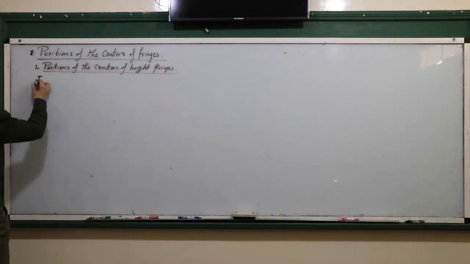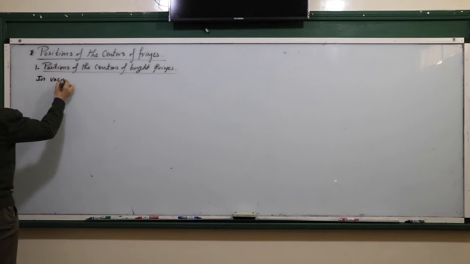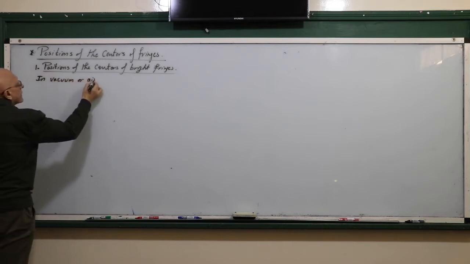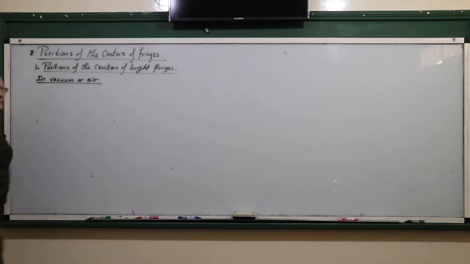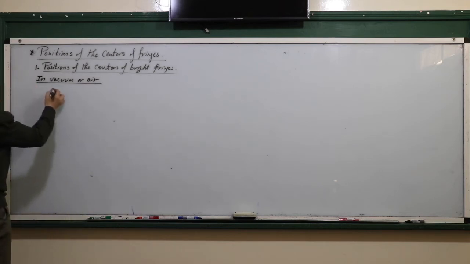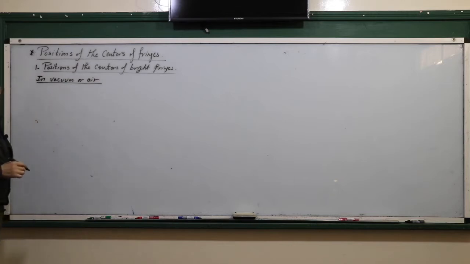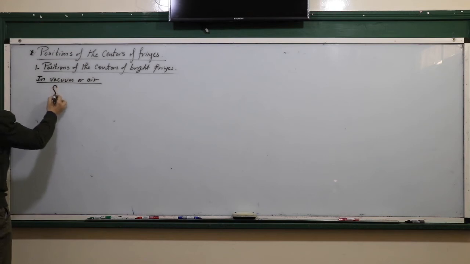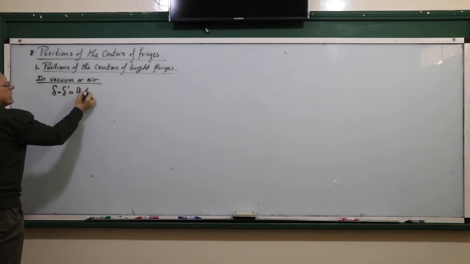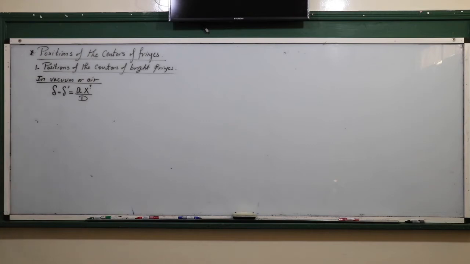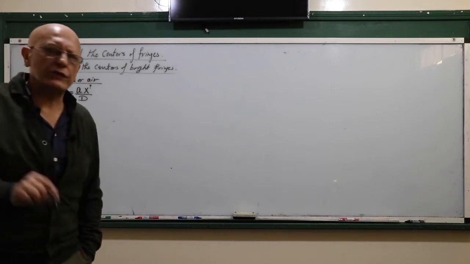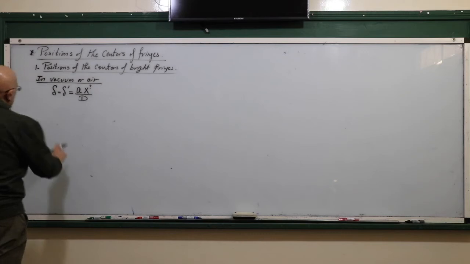In vacuum or air, we said that the optical path difference is the same as the geometrical path difference. So I can write delta, which is the same as delta prime, equal AX over D. Don't forget X is the abscissa that gives me the positions of the centers of the fringes.